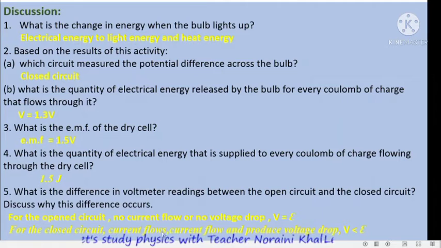For the closed circuit, current flows and produces voltage drop. The reading of voltmeter becomes less than EMF. So for the closed circuit, there is a voltage drop, meaning some of the electrical energy is lost as heat energy to overcome resistance of the battery, or we call it internal resistance of the battery.